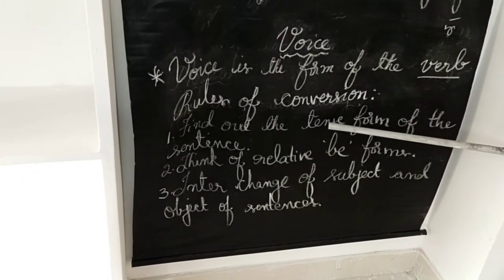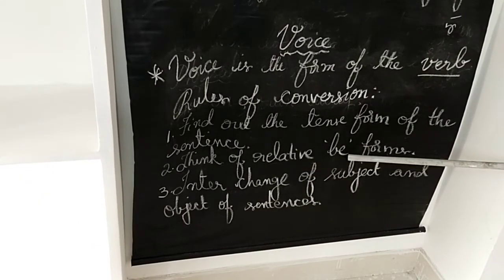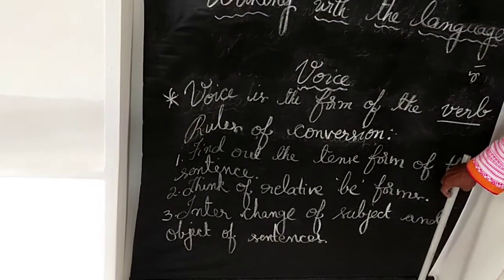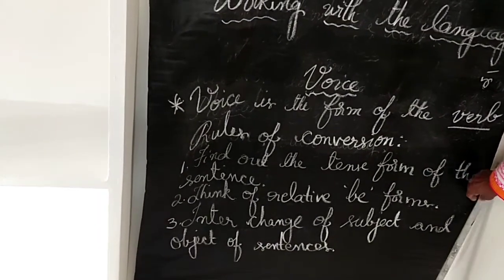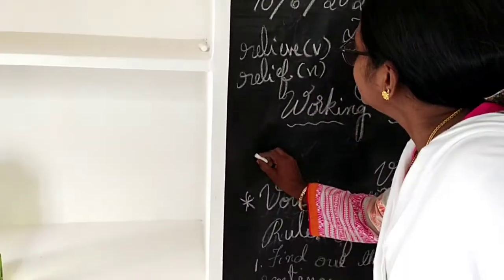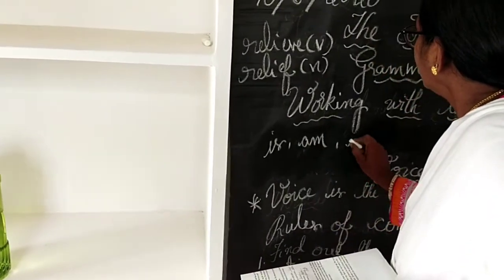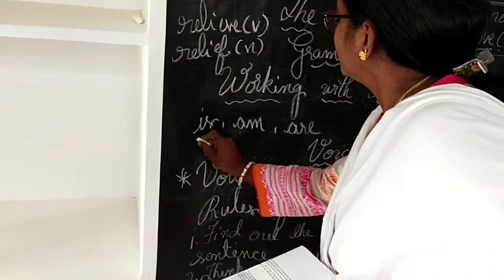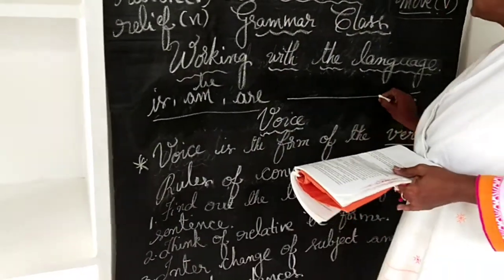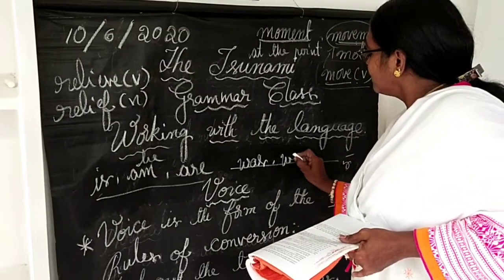Depending upon this tense form, we have to use the relative be forms. As you all know, is, am, are are the be auxiliaries in present tense. The be auxiliaries in past tense are was and were.